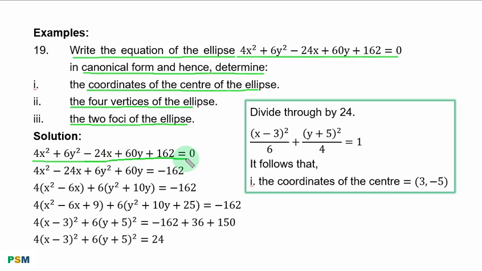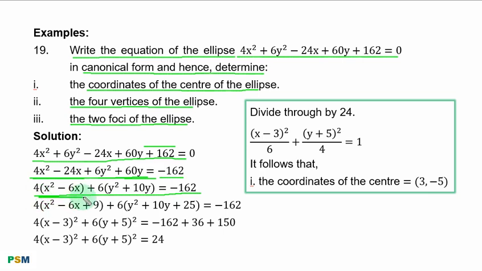To write it in the required form, the terms that contain x and y, you bring them together, and you transfer the constant term to the right hand side. From here, you factor out 4, you factor out 6, and you have it in this form. In order to factorize the quadratic expressions, you have to make them perfect squares.